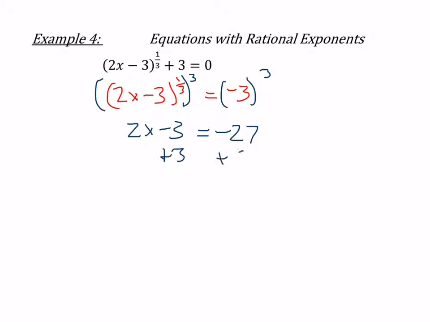And it's all downhill from there. Add 3, negative 24, divide by 2, and x is negative 12.